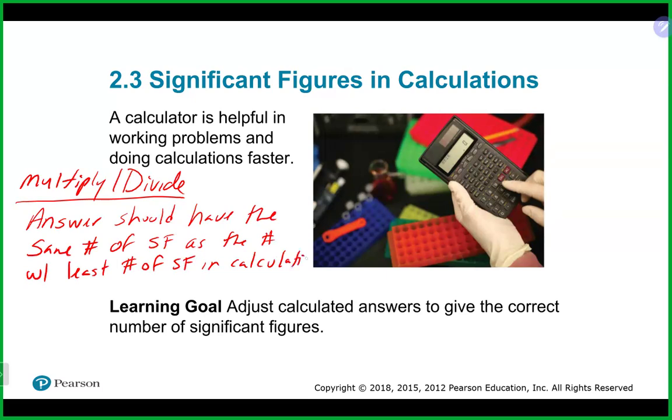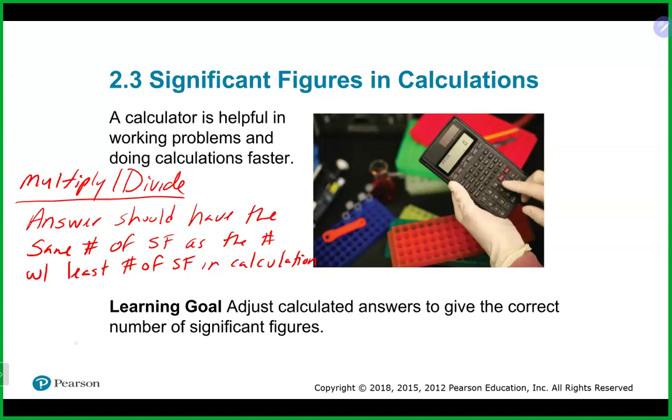So if you're multiplying, if you're dividing, or you're doing both really, your answer should end up having the exact same number of significant figures as whichever number in your calculation has the least. So again, it goes back to like your worst measurement is going to determine your calculation.